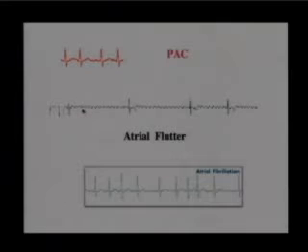Down here, you see lots and lots of P waves with occasional QRSs, and they look kind of sawtooth-like, and that would be considered atrial flutter. Now down here, you can't even really see or identify P waves. This is atrial fibrillation. They're coming so rapidly that you cannot identify them.